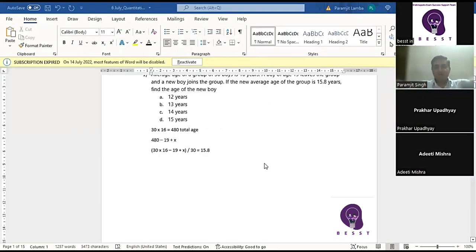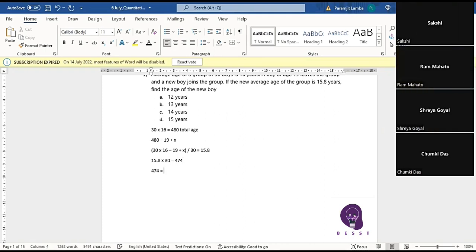Now can you explain to everyone how you arrived at the value of x? Sir, first we will multiply 15.8 into 30. So it will be 474. Then 16 into 30 will be 480, and 480 minus 19 will be 461.